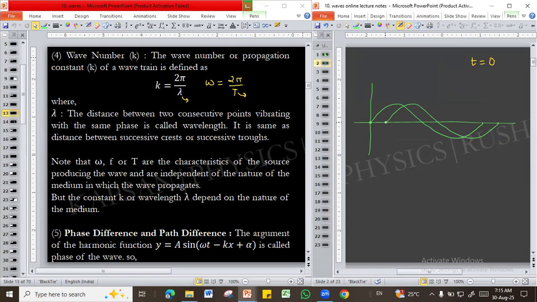What has happened is this particle, this is the photograph at time equal to 0, and this is the photograph at time equal to dt. After some time, dt, 0 plus dt means dt. Actually what has happened, this particle has came down, this particle has came down, this particle has went up, this particle has went up.